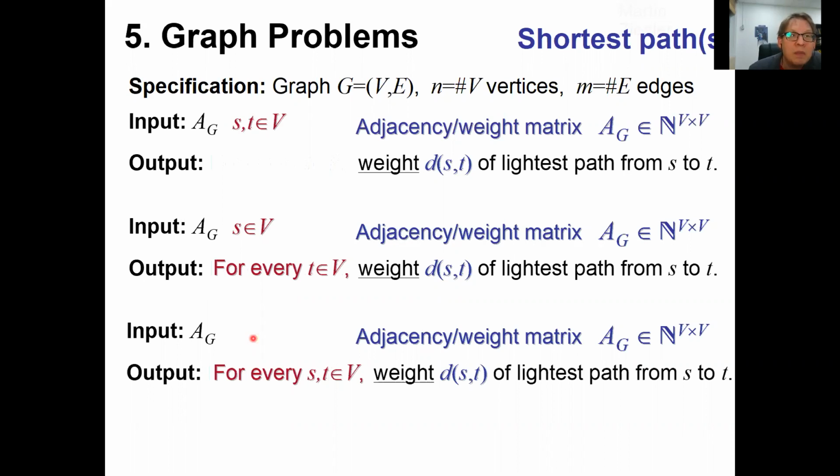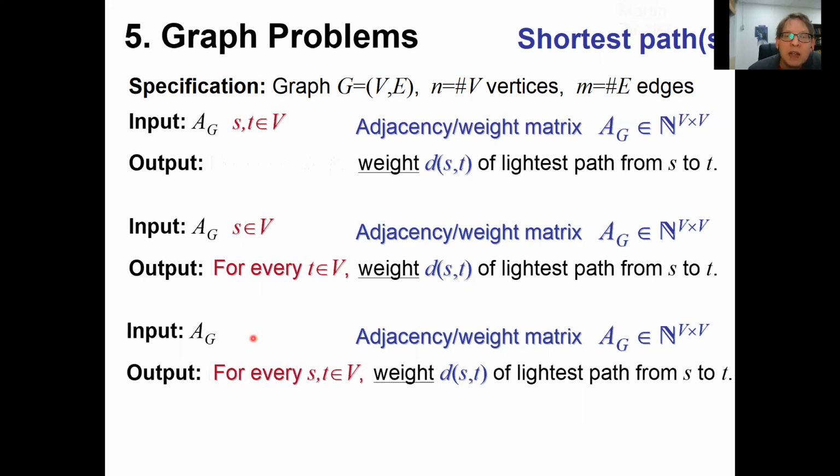But there might also be a more efficient tailored algorithm for the second problem. Let me say that again. Any algorithm for the first problem gives rise to an algorithm for the second problem with computational cost increased by a factor of n, but there might be a tailored algorithm for the second problem with less computational cost.